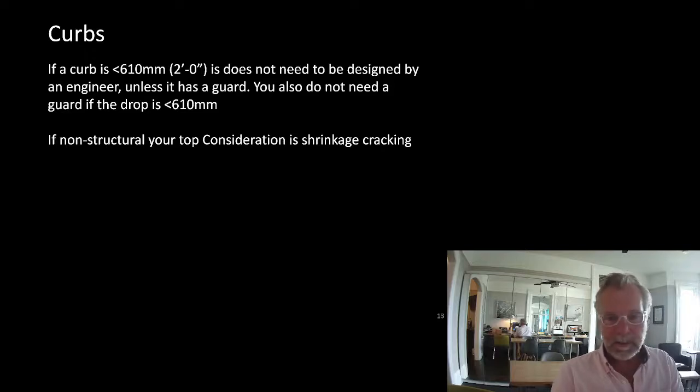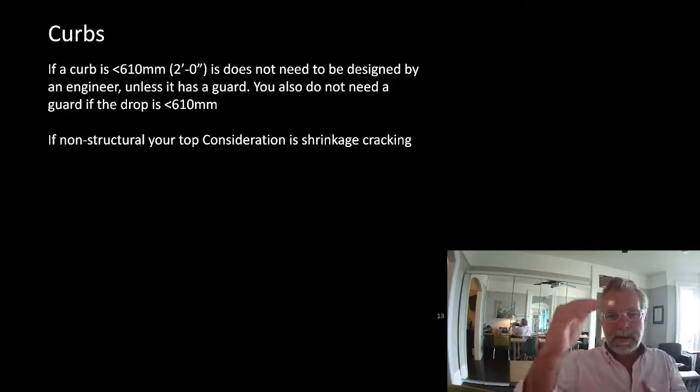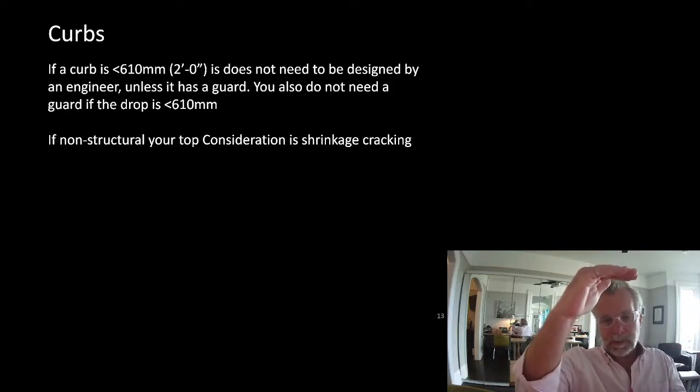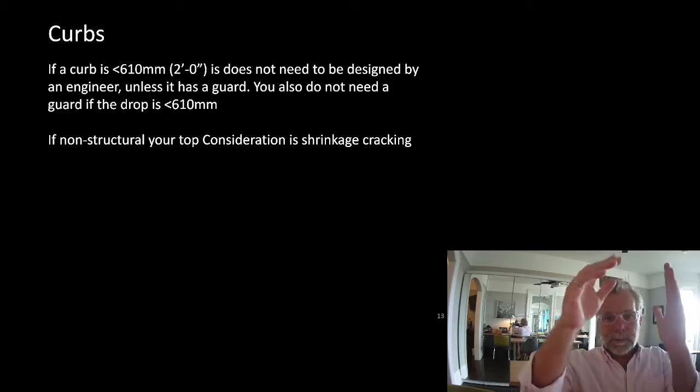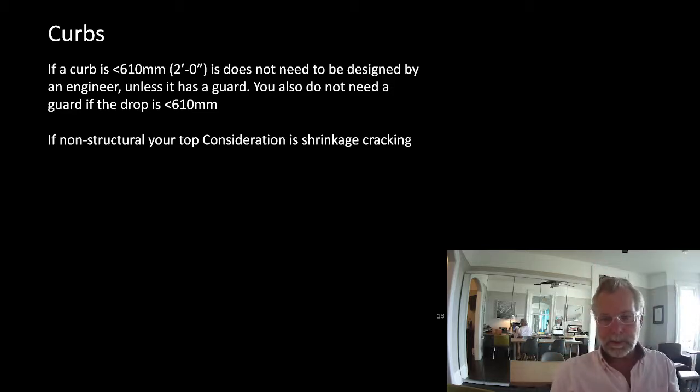If it's less than 610 millimeters, it is not a designated structure in the building code, and therefore it doesn't need to be engineered. The normal rule of thumb is that the width of the base of the curb is about 2/3 of the height. So a 610 millimeter tall curb would need to be about 400 millimeters wide at the base. Often they're tapered, which is why you only see 200 millimeters at the top.